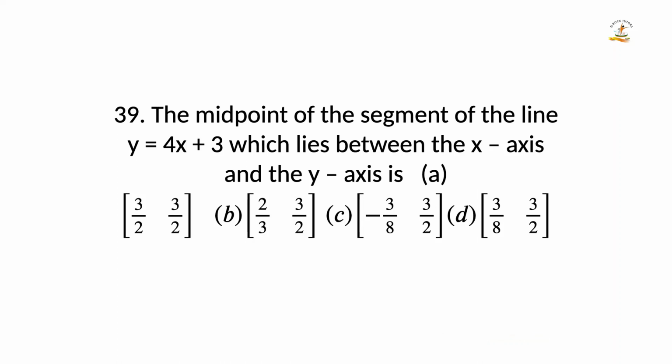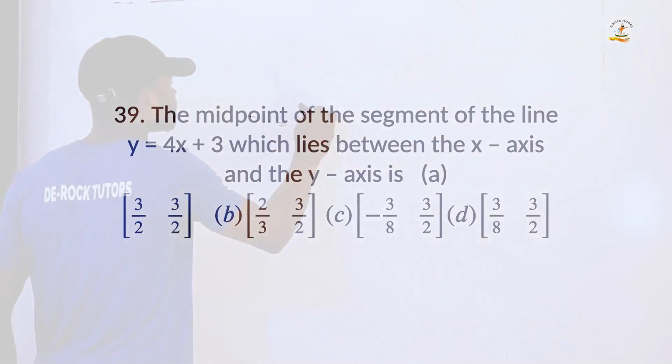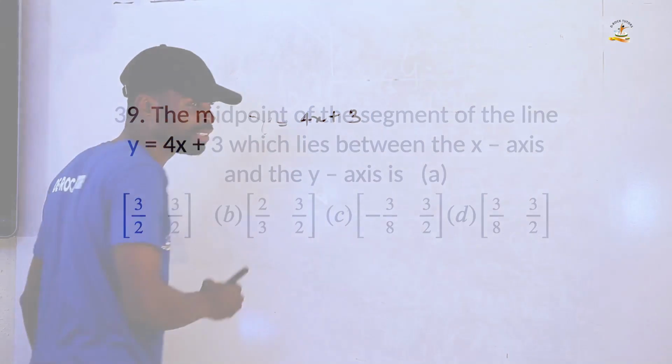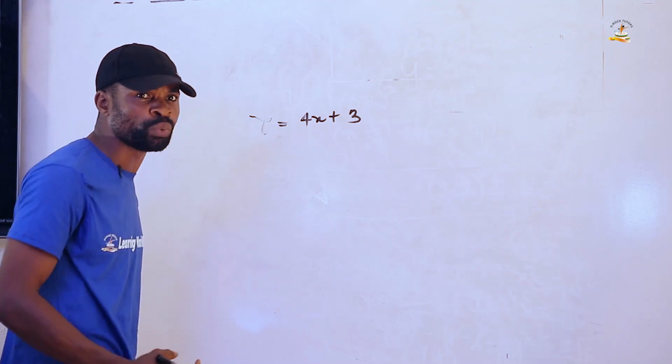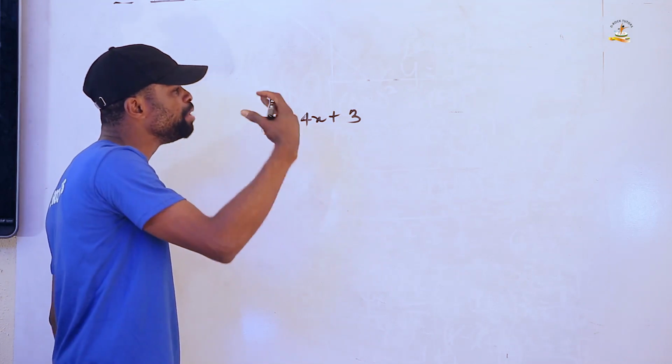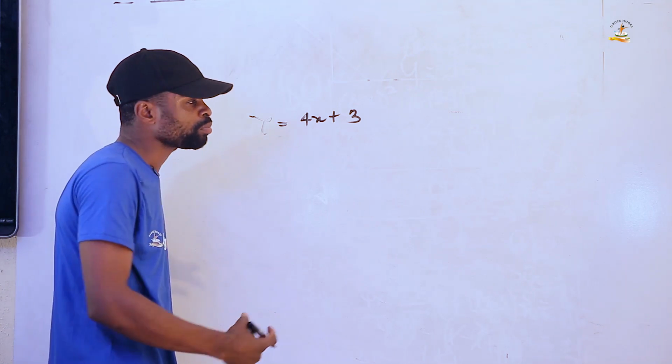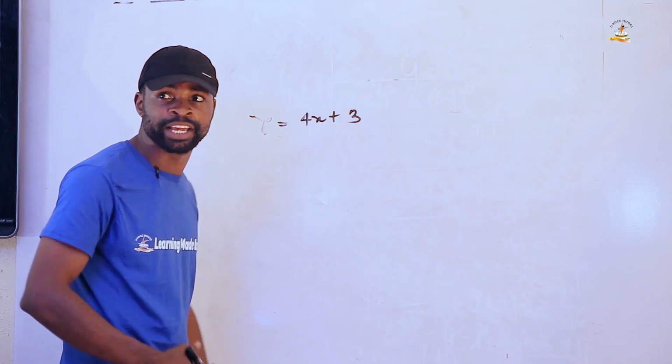The first thing you must understand is that y equal to 4x plus 3 is a line. We are going to quickly sketch this line so that we can find the midpoint. The midpoint is as well a coordinate.